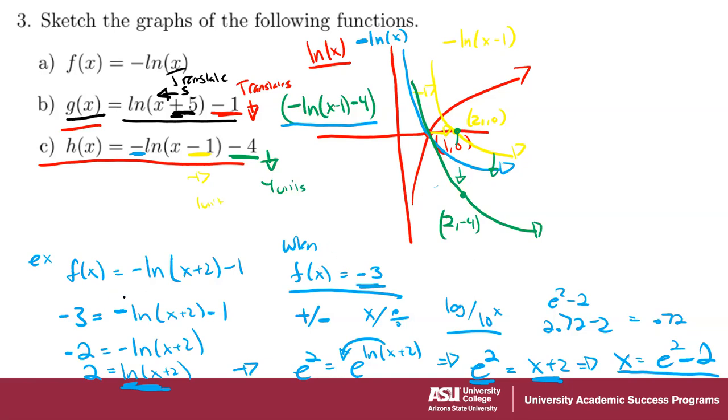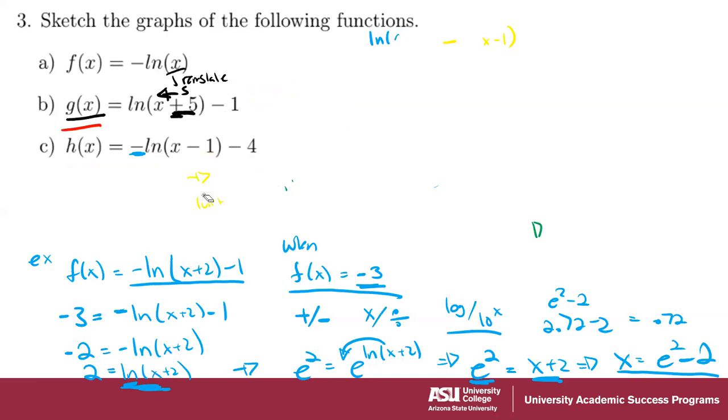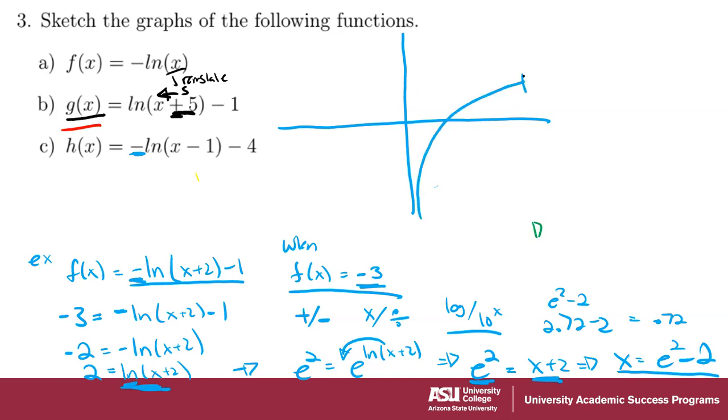So if we looked at the graph of this function, we can try and sketch it real quick and see if that answer makes sense. We see a negative sign right here, and just like before, we know it's going to reflect it. If we started with a regular natural log, we would have been here.